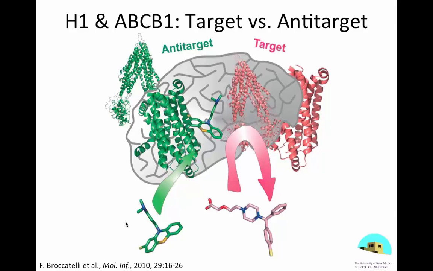By the same token, in this case, we argue if the drug doesn't go into the brain and it's a histamine H1 antagonist, such as the newer ones like levocetirizine and loratadine, it gets effluxed from the brain. So we consider both the peripheral histamine H1 receptor as well as the ABCB1 pump as targets.